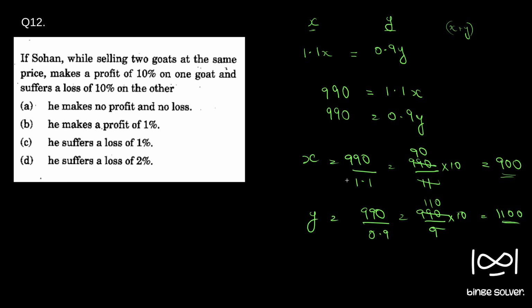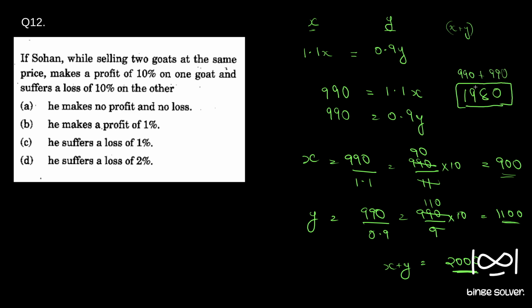So we got our x and y. So x plus y becomes 2000. So 2000 is x plus y, which is the original price of 2 goats. We assumed 990 is the price at which he sold each goat. So the total selling price is 990 plus 990, which is 1980.